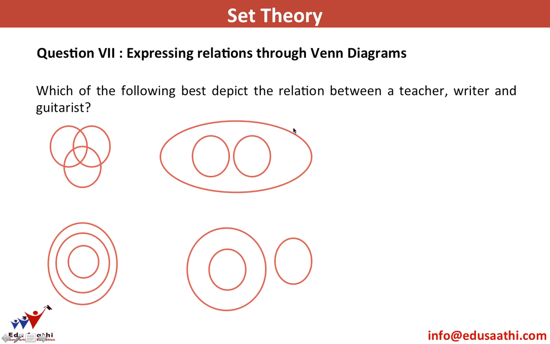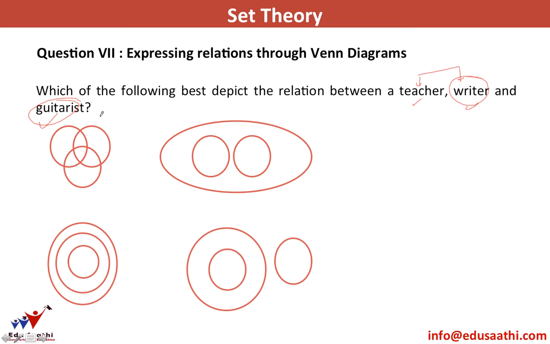Let's try another one. Which one of the following best depict the relation between a teacher, writer and guitarist? Now there is a possibility that I can have a teacher plus writer. A teacher can be a writer. Also a person might be a writer as well as a guitarist. Also a teacher and a guitarist is a possibility. A person might have all these three qualities also.